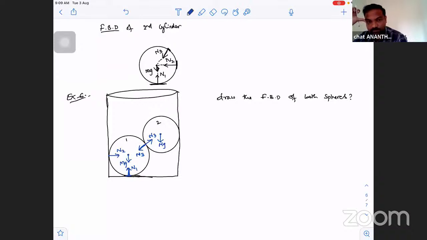Voice is not clear. Okay. Able to hear me? Sorry. You're able to hear me or not? Okay. So, see, since applying some force on first sphere, bottom is unable to hear me.